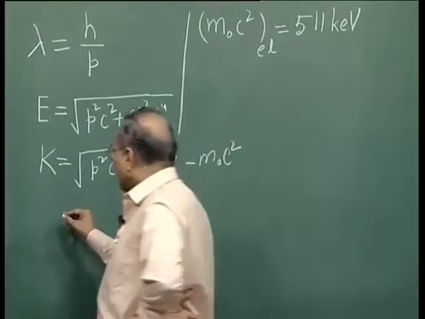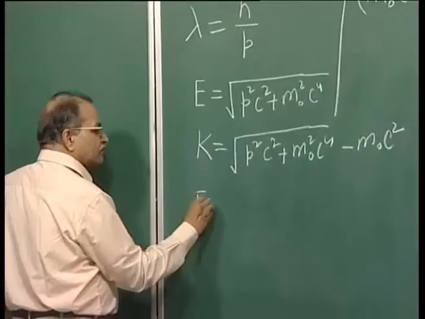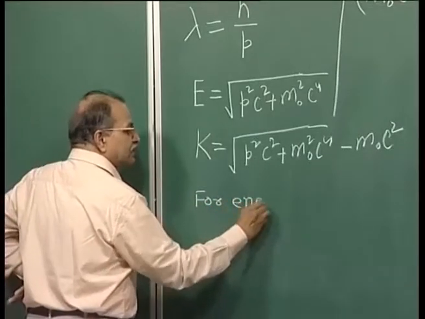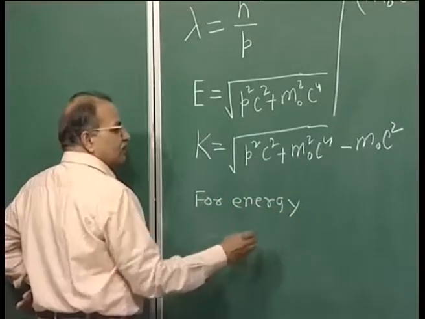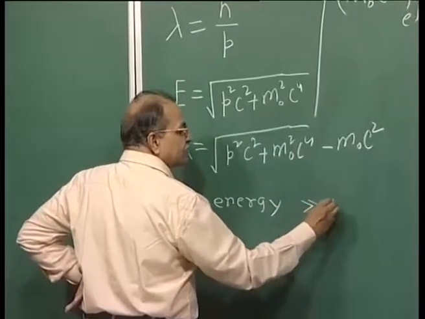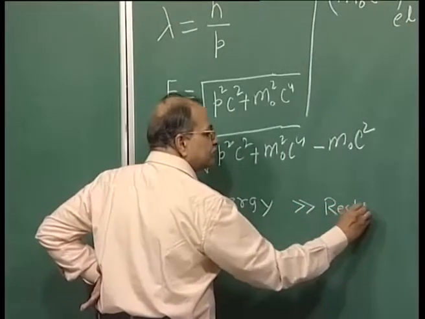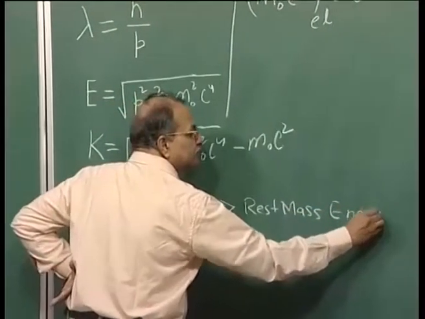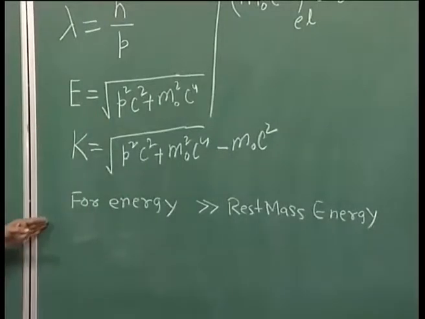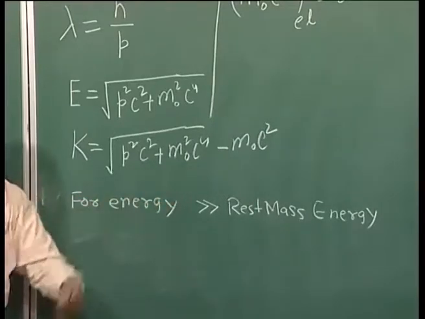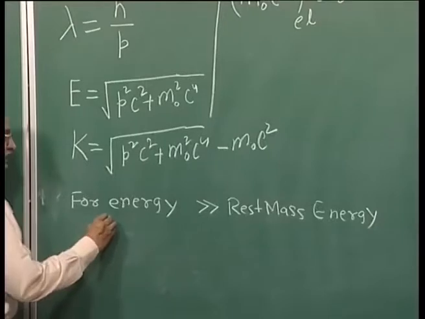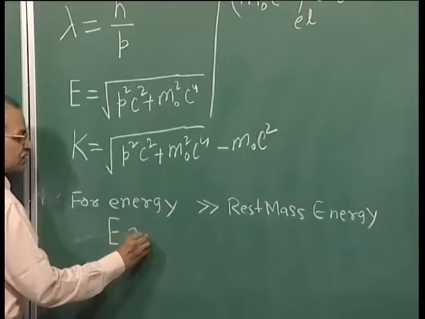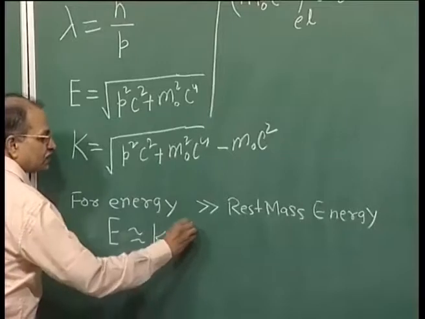So, for energy or kinetic energy much greater than the rest mass energy, you will have E almost equal to K, which is almost equal to p into c.